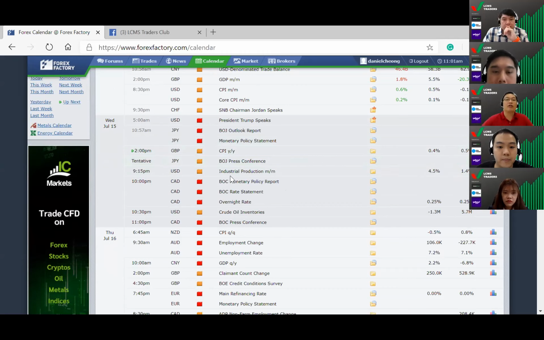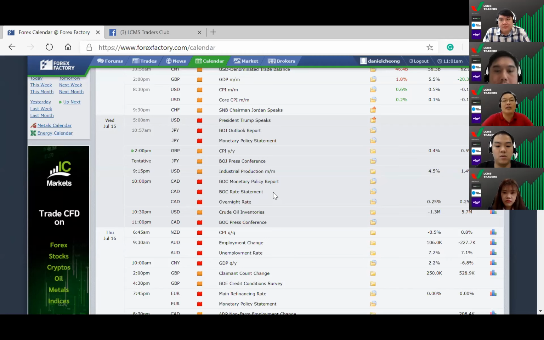But tonight, more importantly, at 10 p.m. Singapore time, we have the Bank of Canada monetary policy report and the rate statement. Of course, the market is not expecting much of a rate change from the Bank of Canada, although the economic data so far has been showing pretty well. We do know that they are very near the US border, and the economy is quite closely tied.